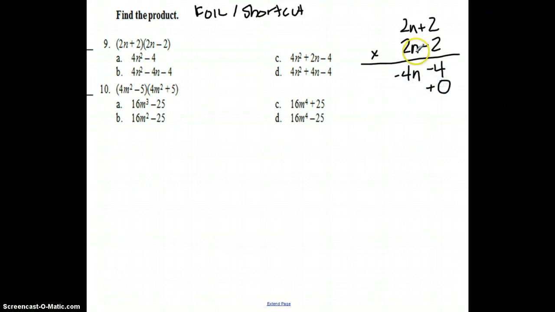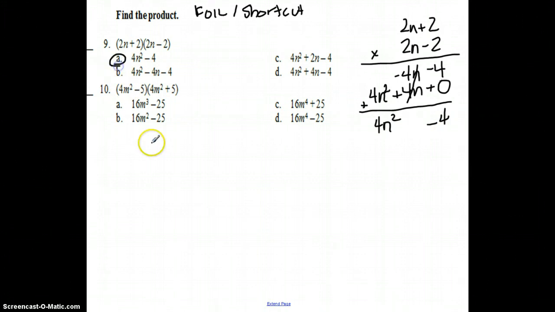Add a 0. So 2n times 2 is positive 4n. 2n times 2n is 4n squared. But this is one where that cancels in the middle completely because they're opposites, which leaves you 4n squared minus 4. So A is going to be this answer.